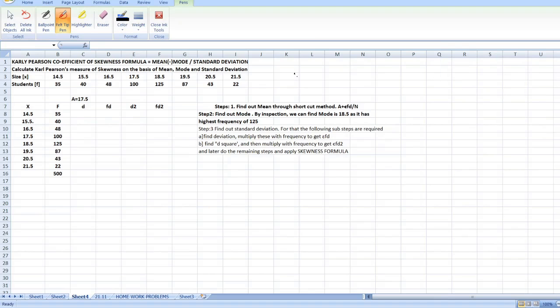Okay students, so the formula to find out Karl Pearson skewness, the symbol for skewness of Karl Pearson, is SKP is equal to mean minus mode divided by standard deviation.